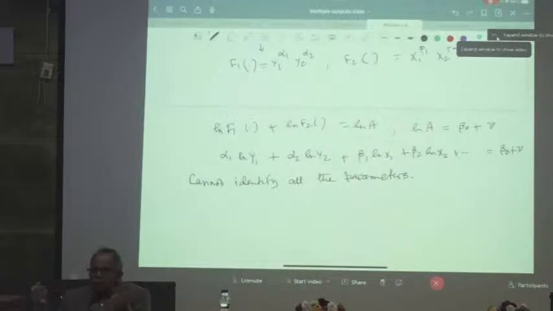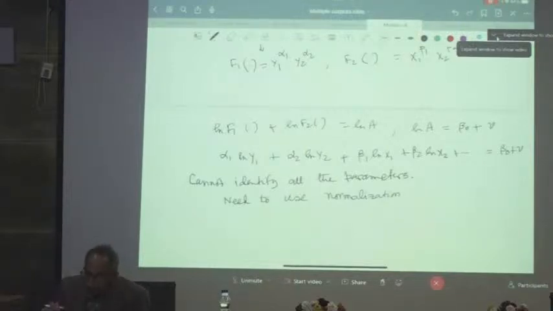So we were assuming that the coefficient of y1, or alpha 1, is equal to 1. This is the reason I said we cannot identify all the parameters, so we need to normalize. In this setup, you need to normalize one coefficient to be equal to 1 or something of that sort. So a normalization is necessary.